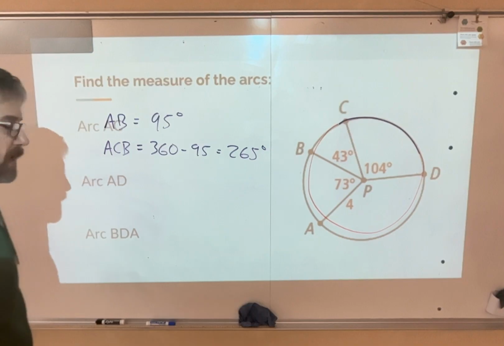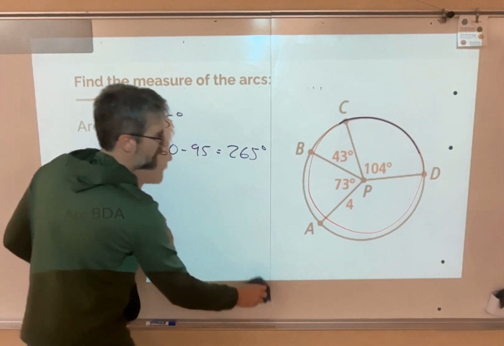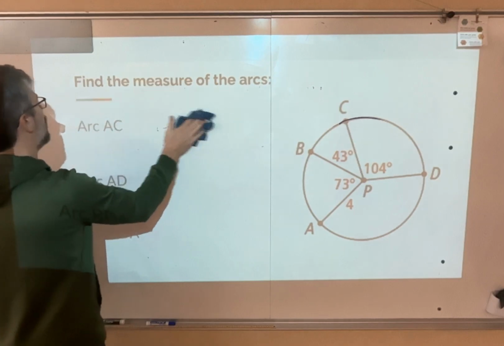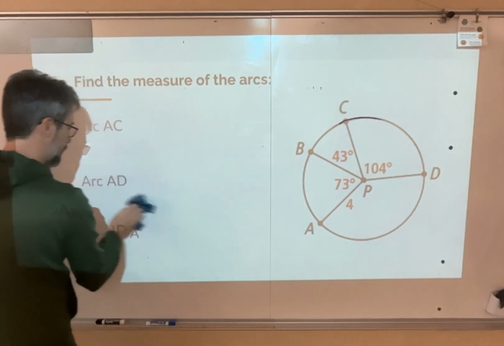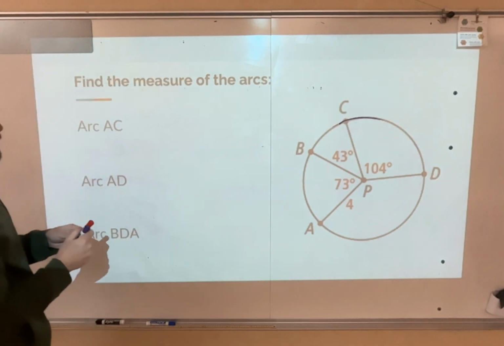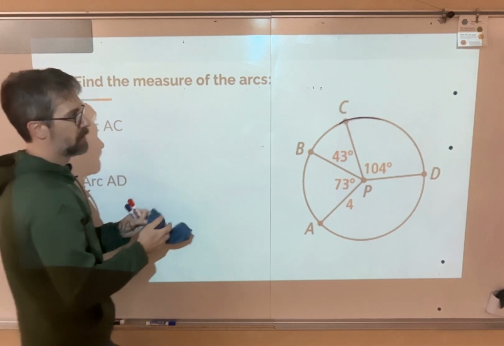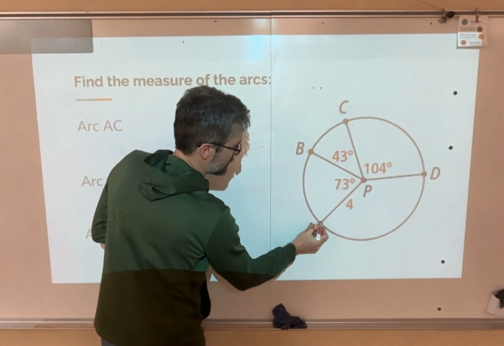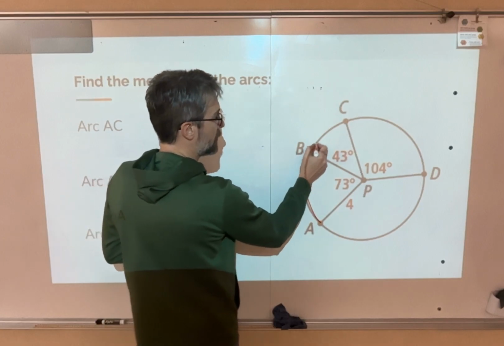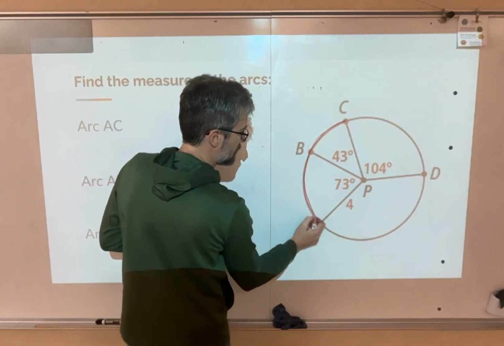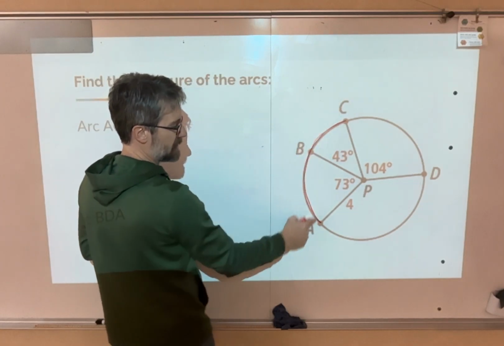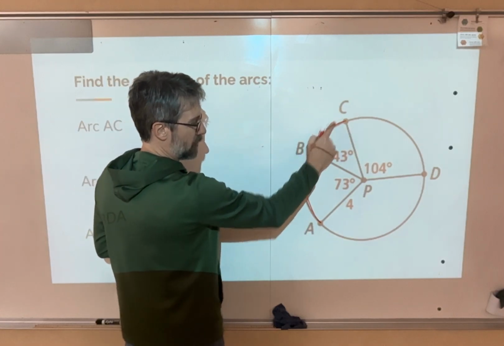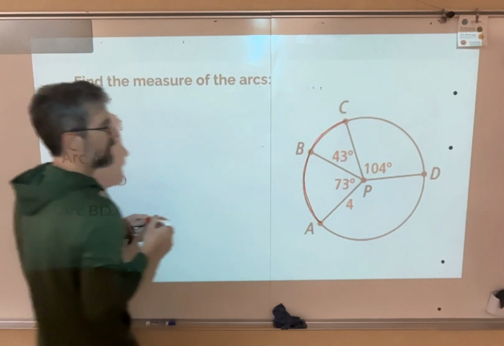All right, a little bit more complicated. So we've got some angle addition here. We want to find the measure of these arcs. So arc AC, that is going from A to C in the shortest route. If it's just AC, that implies the shortest route, not the long way around.